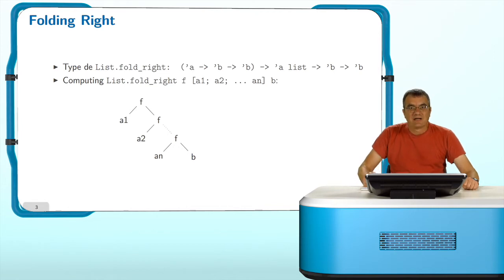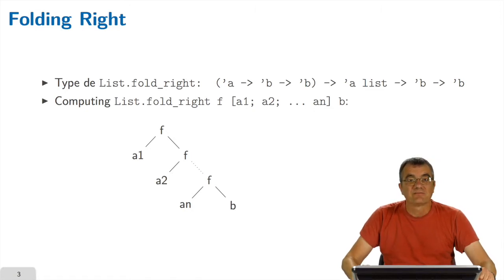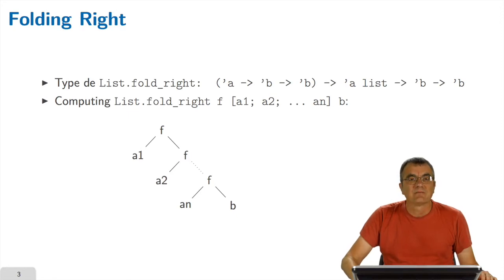This would be applied to an alpha list, and finally we need also some value which is used at the end, which is always necessary since our folding operation might be applied to an empty list, and what we provide at the end is the result which is returned in case of an application to the empty list. So finally we have a constant which is used as the last argument of the applications of f. To understand fold right, just keep this picture in mind to explain what this operation does.